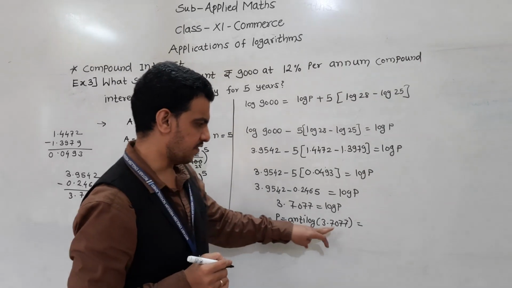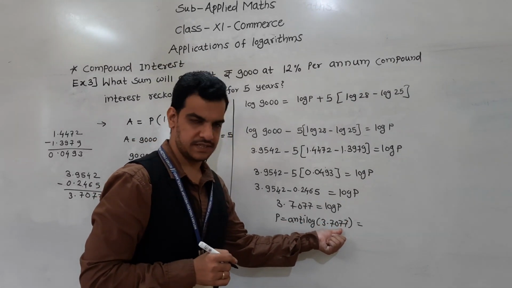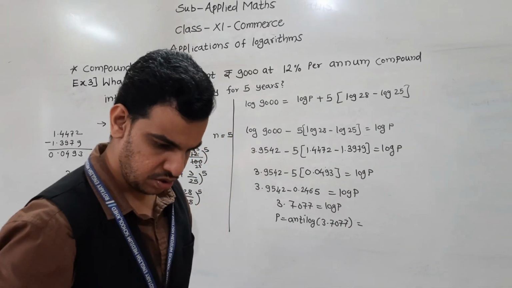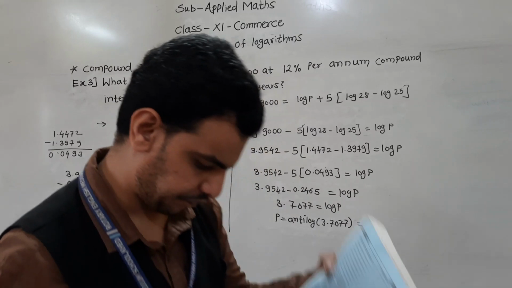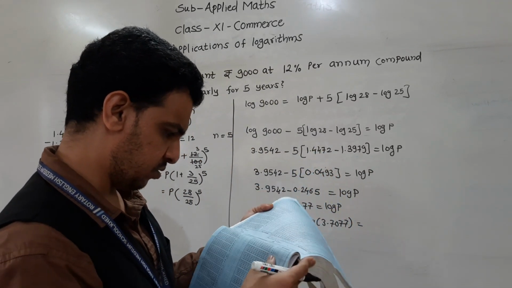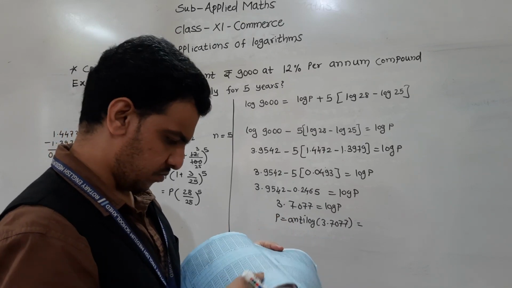Now in 70th row we have to see number in column headed by 7 and in mean differences column headed by 7. So in anti-log table, 70th row, okay, both are 7, no?